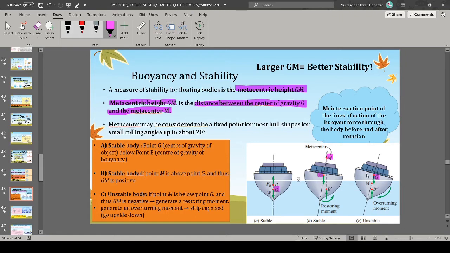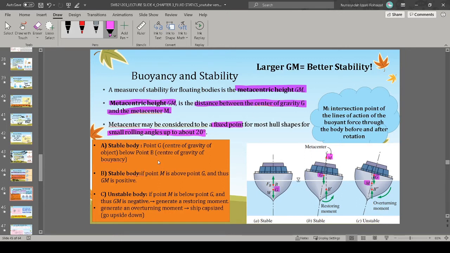Okay, for this case, our metacenter is somewhere between G and B. Metacenter may be considered to be a fixed point for most hull shapes, that you can have up to rolling angles up to 20 degrees.